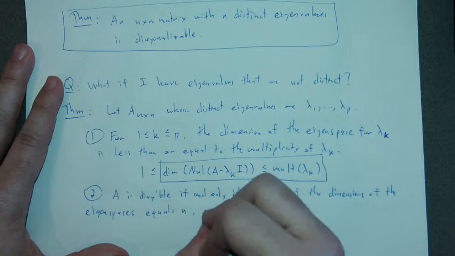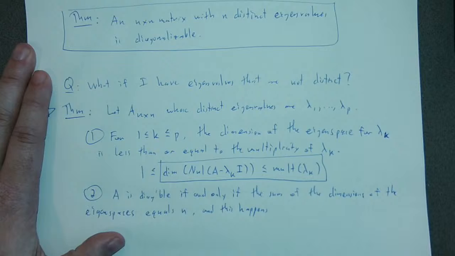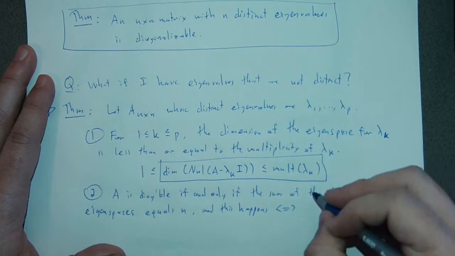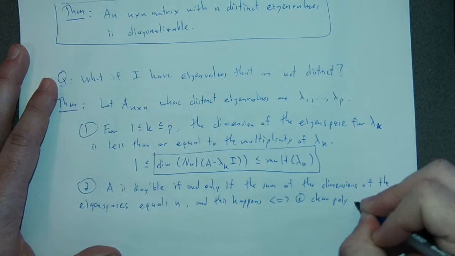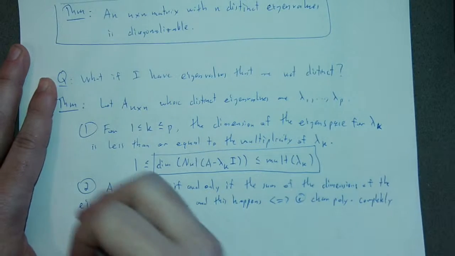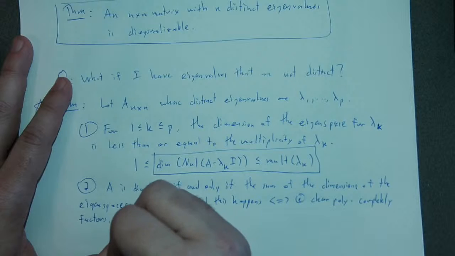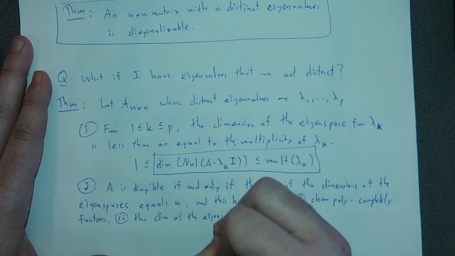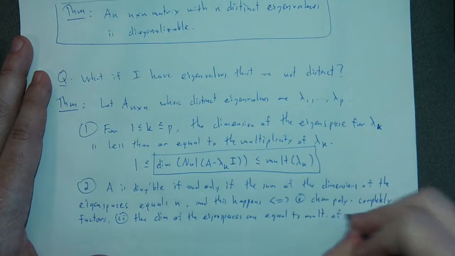And this happens if and only if the characteristic polynomial factors completely into linear factors and the dimension of the eigenspace equals the multiplicity. So this happens if and only if, 1, the characteristic polynomial fully factors, and when we say completely factors, we mean in terms of linear factors, and 2, the dimension of the eigenspace for lambda sub k is equal to the multiplicity of lambda sub k.